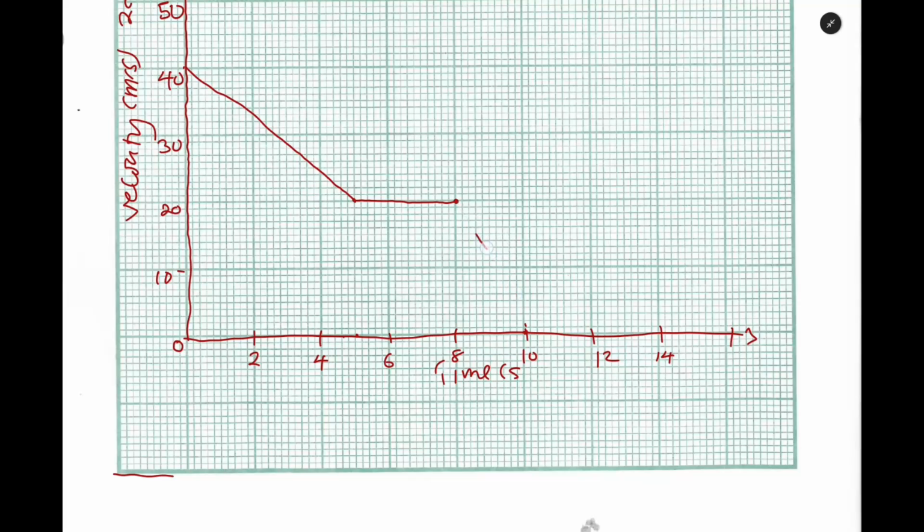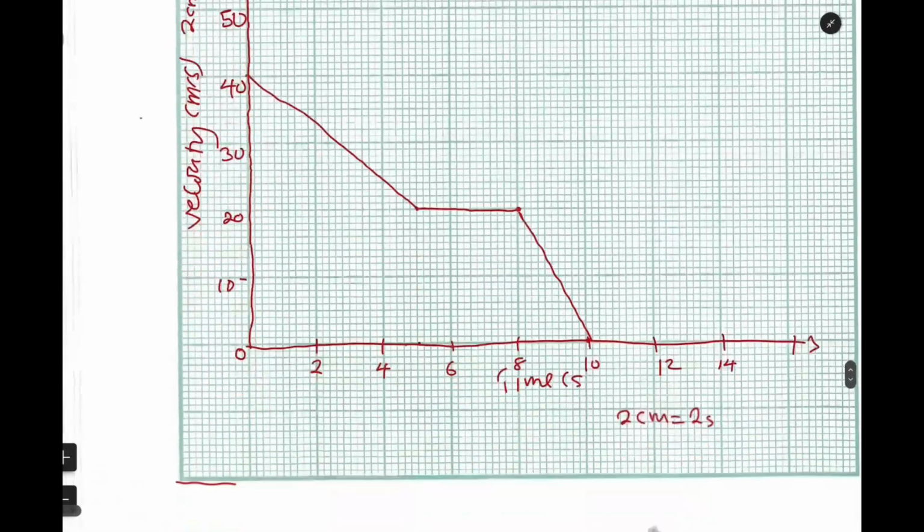So that is how the graph will appear. Here we've used a scale of 2 centimeter to represent 2 seconds.